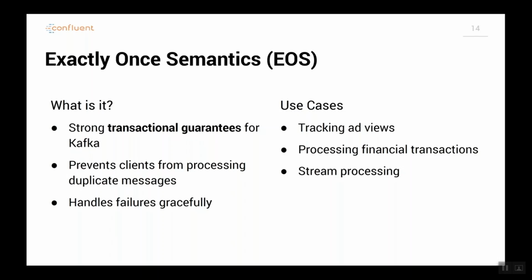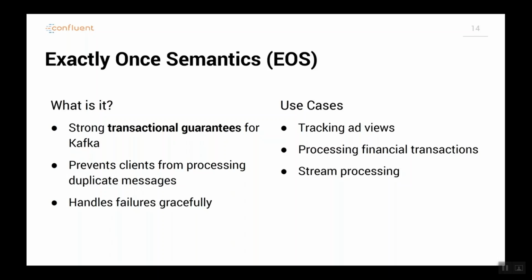So use cases for exactly once semantics are cases where you're very sensitive to message duplication, like tracking ad views or processing financial transactions, where duplication can be very problematic in terms of the effect on your business, or stream processing, where maybe you're computing an aggregation like a sum or an average, and processing an event multiple times could end up resulting in an incorrect aggregate result.